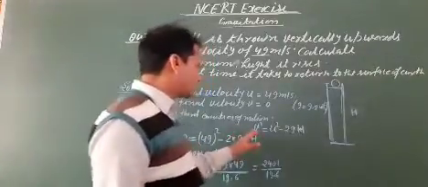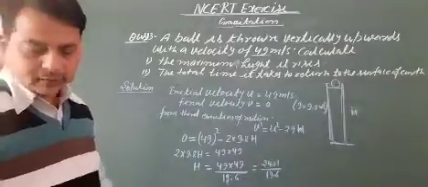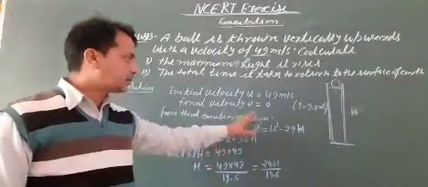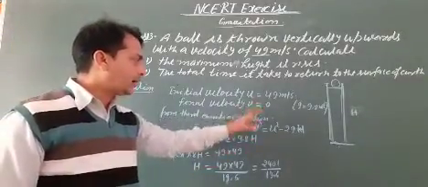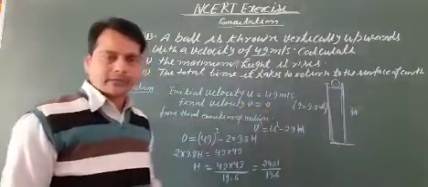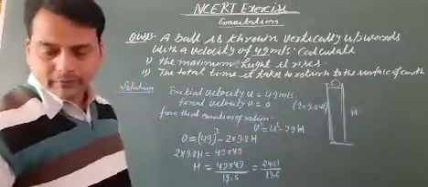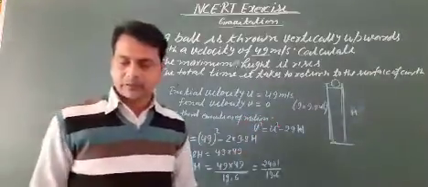So it is clear that from the third equation of motion, v square equals u square minus 2gh. Then put the value of the final velocity, v equals 0, and the initial velocity given in this question, 49 meter per second, and the value of acceleration due to gravity, 9.8 meter per second square.